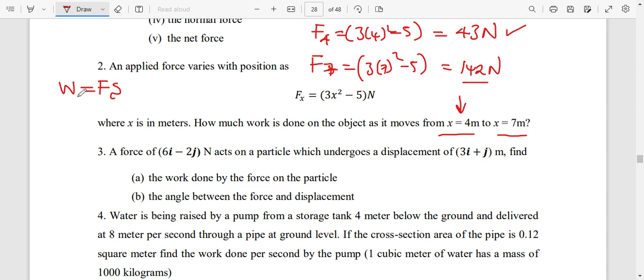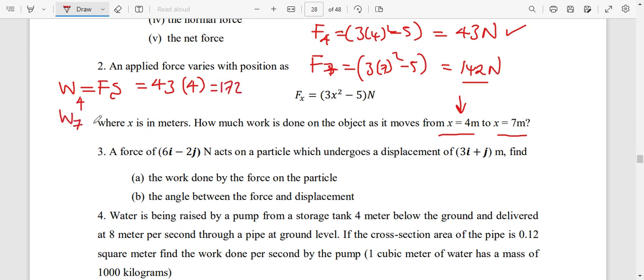So we can find the work at position 4, and that will be equal to force, which is 43, multiplied by the distance, which is 4. 43 times 4 is going to give us 172 as the work.